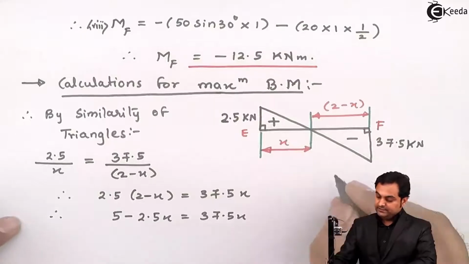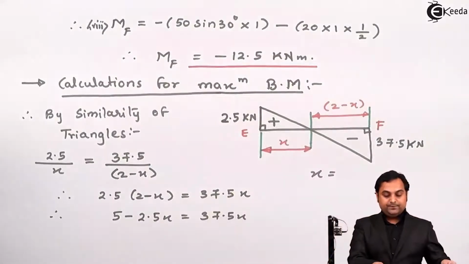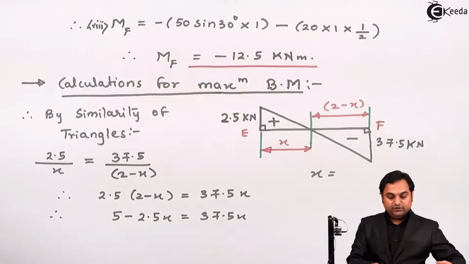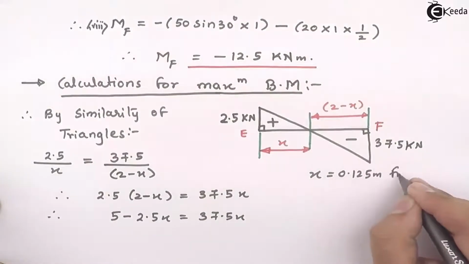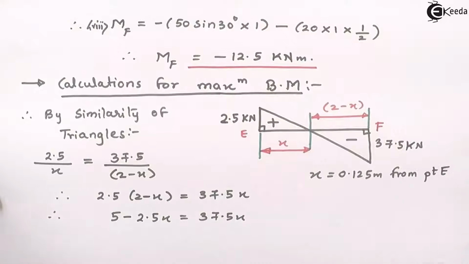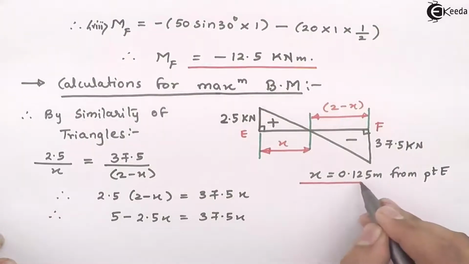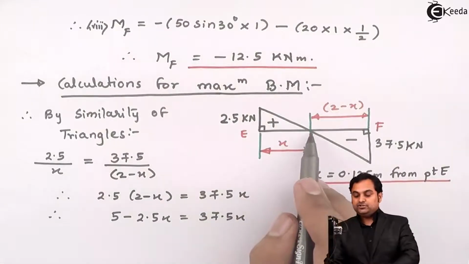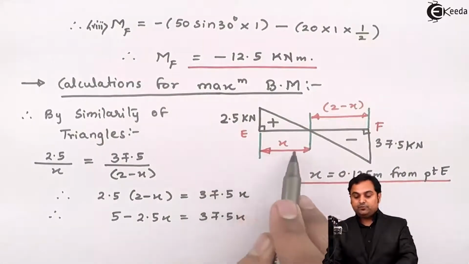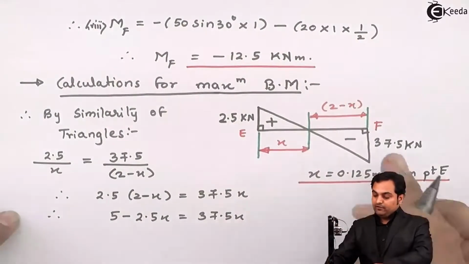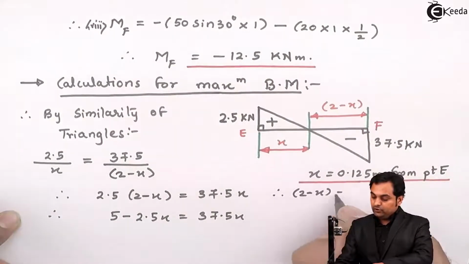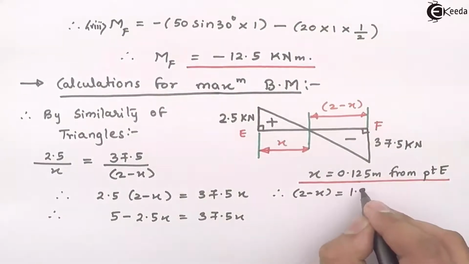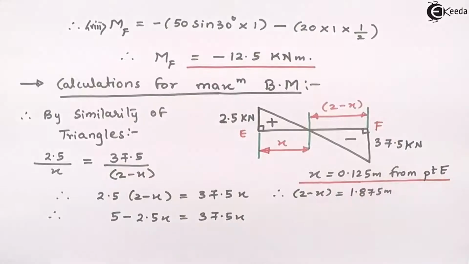So on calculating this, I'll get the answer of x, which comes out to be 0.125 meter from point E. That is, shear force is 0 at a distance of 0.125 meter from point E. So from F that will be 2 minus x, which is 2 minus 0.125, that is 1.875 meters from F.